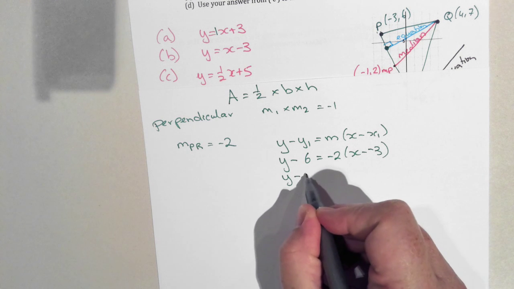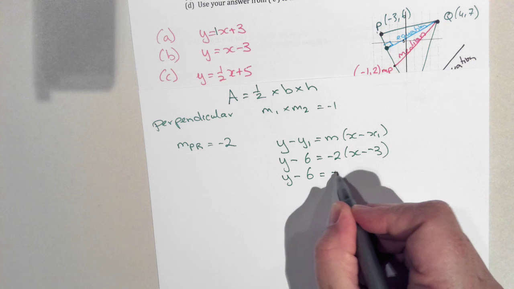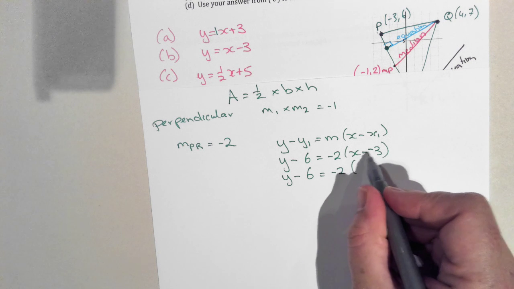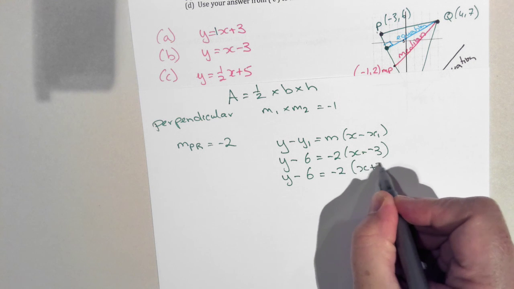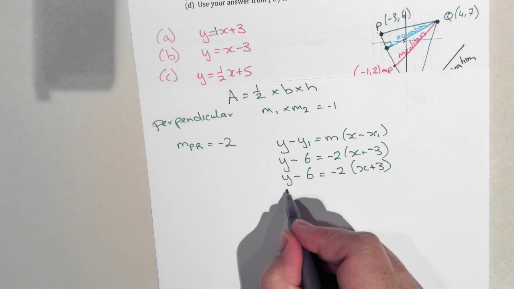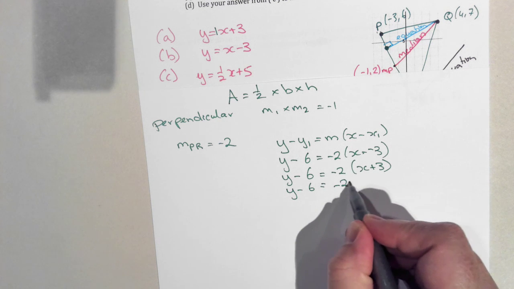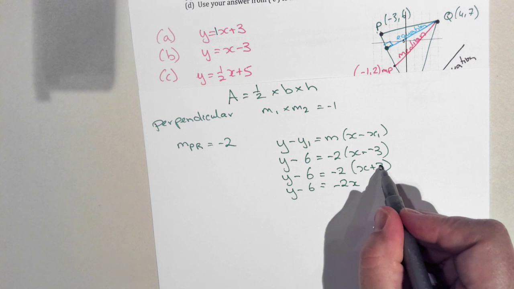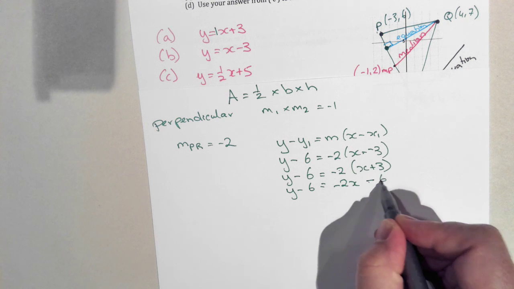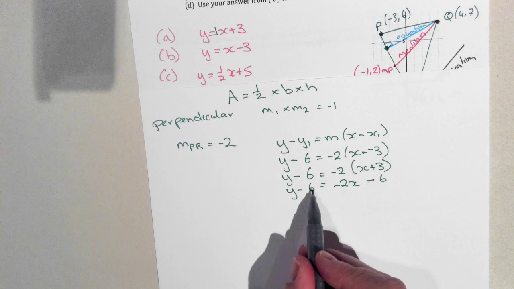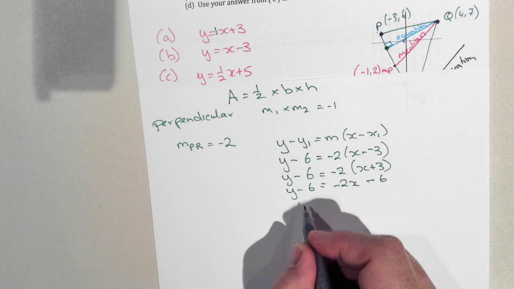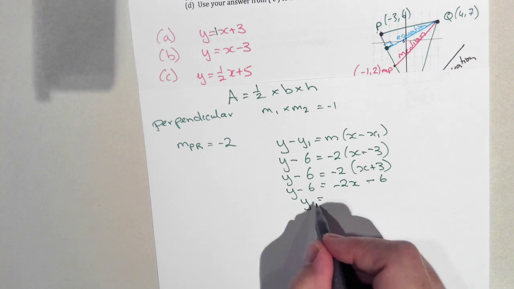Now we're going to do a bit of simplifying. y minus 6 equals -2, now take away -3, that becomes x plus 3. Expanding out the bracket, -2 times x is -2x, and -2 times plus 3 becomes -6. Now I'm going to take this -6 to the other side to get it in the form y equals mx plus c.